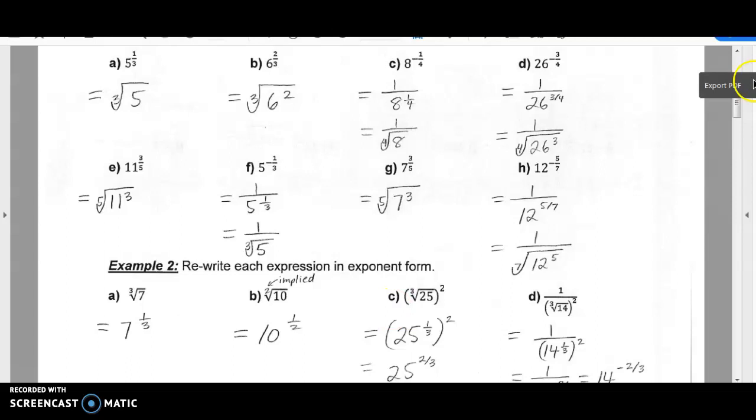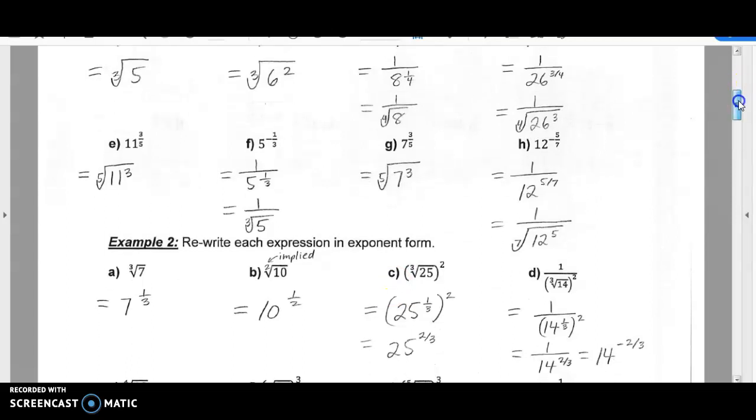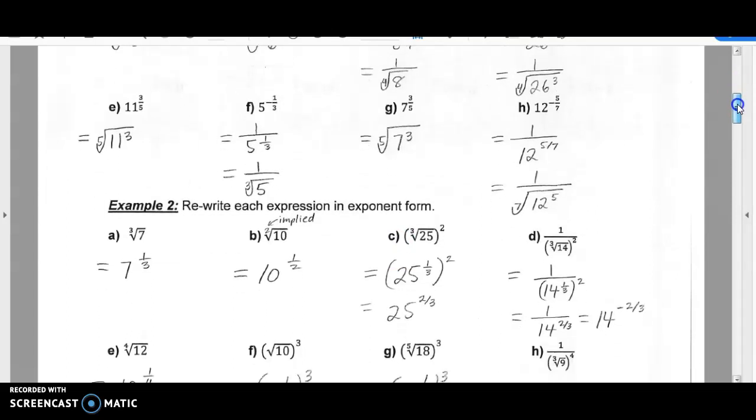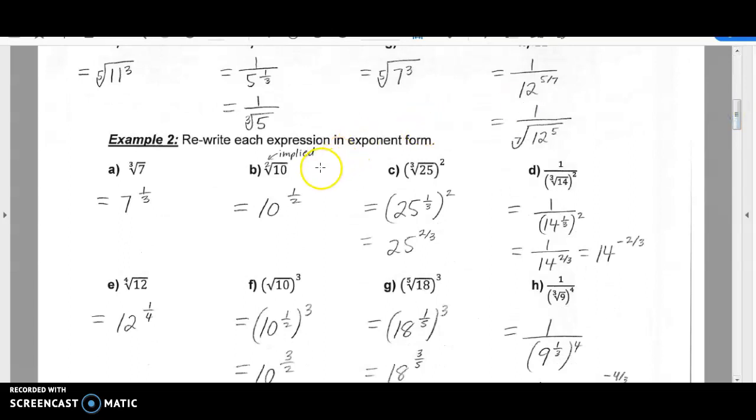Okay, so let's just deal with one or two here where we're dealing with not a power of 1, like this is power of 1, and A was power of 1. C is to the power of 2, and we have the 3rd root. So I would probably go straight from here right to the final answer.